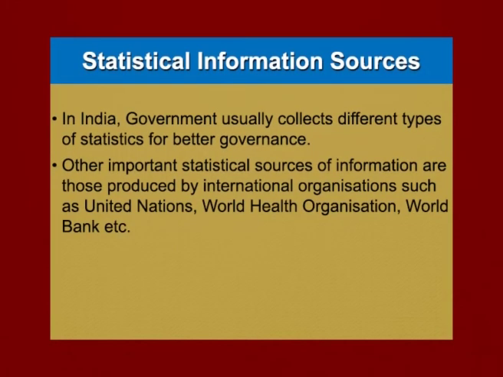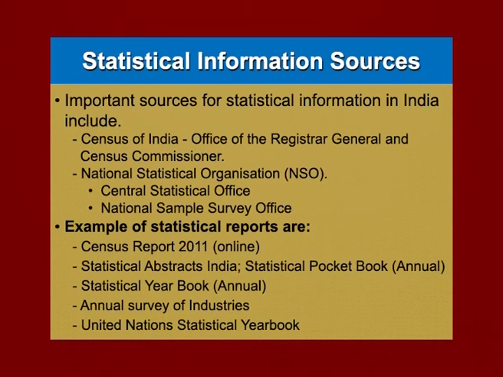Government publishes lots of statistical information. In India, we find that the major sources of all statistical data come from government sources, like census data, like the data published by the Department of Statistics, like the Central Statistical Office or CSO, or maybe the NSSO reports.